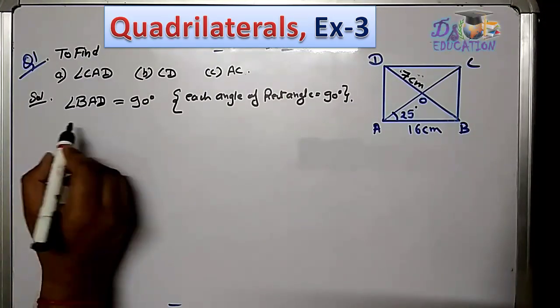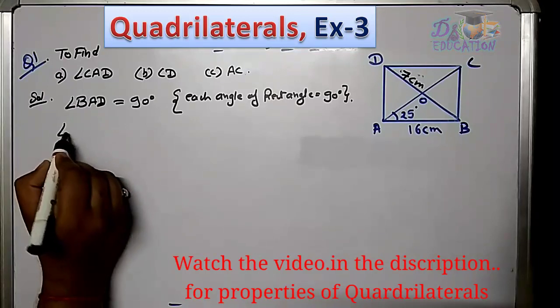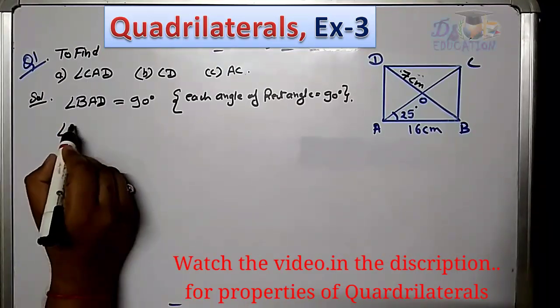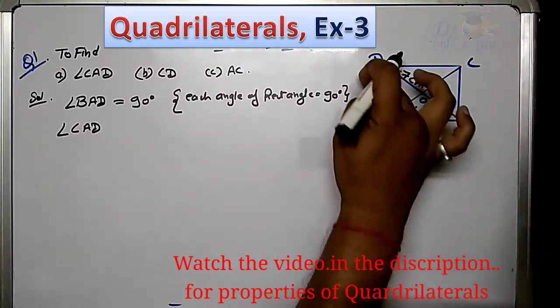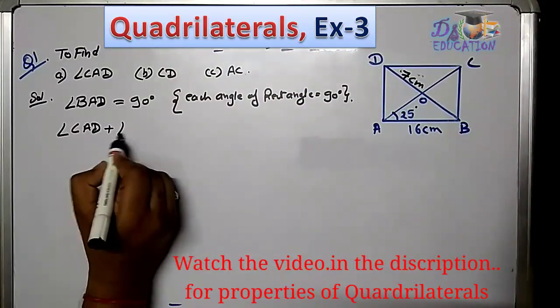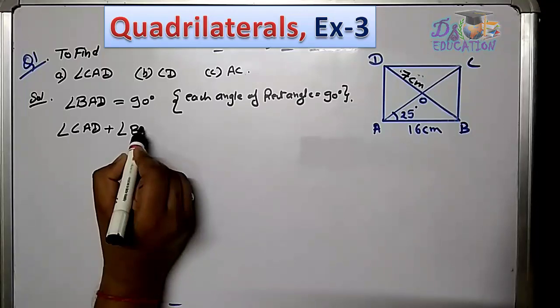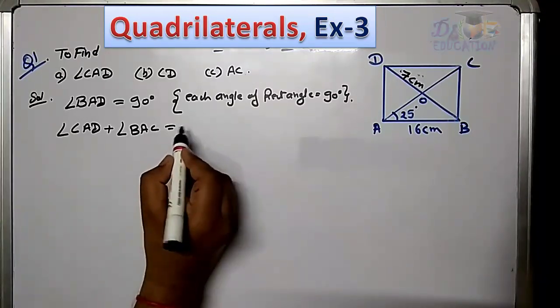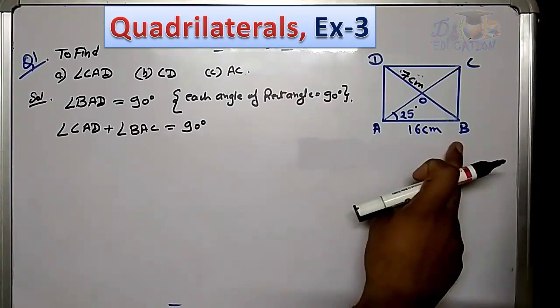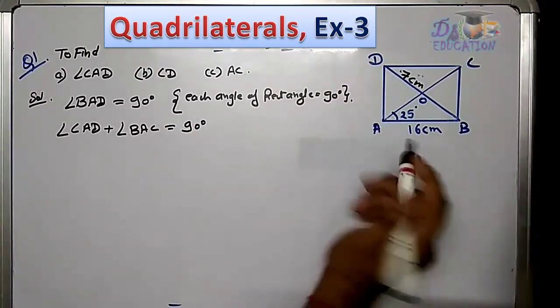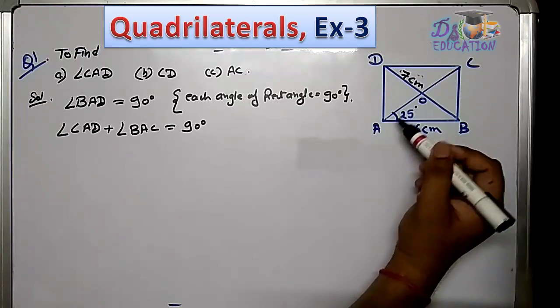Second thing, now we have to calculate angle CAD. Angle CAD plus angle BAC is equal to 90 degree, because BAD is a complete 90 degree angle where two angles are given over here.